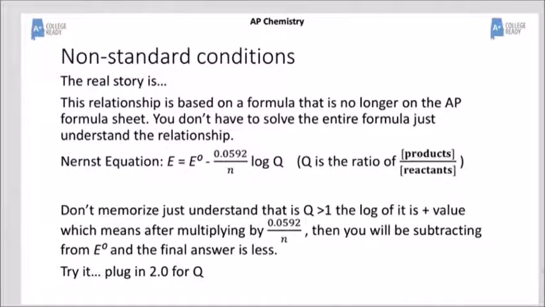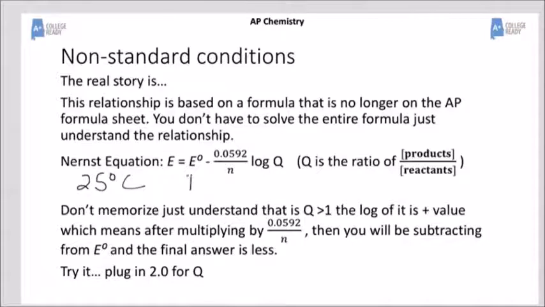Now this Nernst equation is valid for 25 degrees Celsius. There's also another version of the Nernst equation which has a few more variables, but at 25 degrees Celsius this version holds true, and this was the version on the previous formula sheet before they changed the exam.